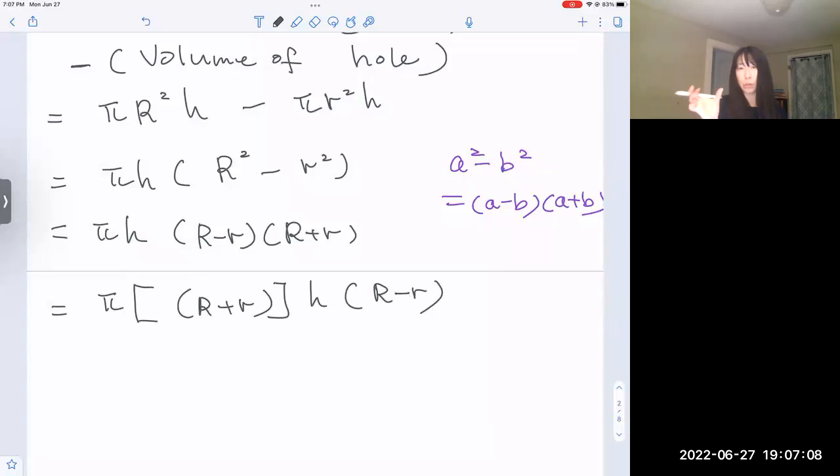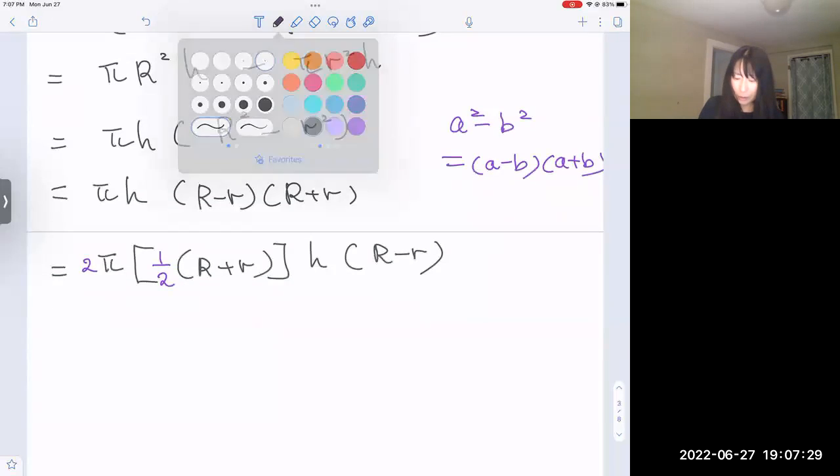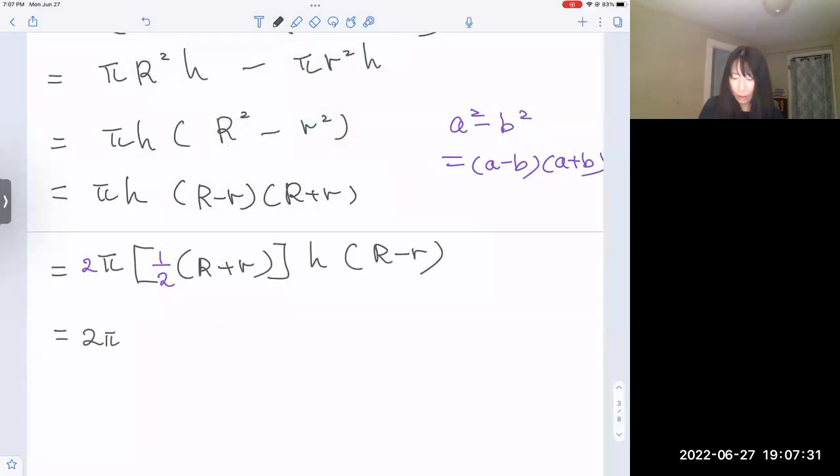I just arranged the order. That's it. Then I want to multiply by 1, specifically 2 over 2. So here is 2 and 1 over 2. Technically, literally we did not do anything because we multiplied by 1, right? Okay, now we have a 2 pi.